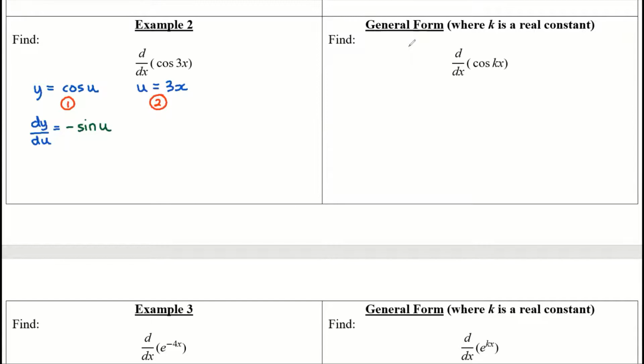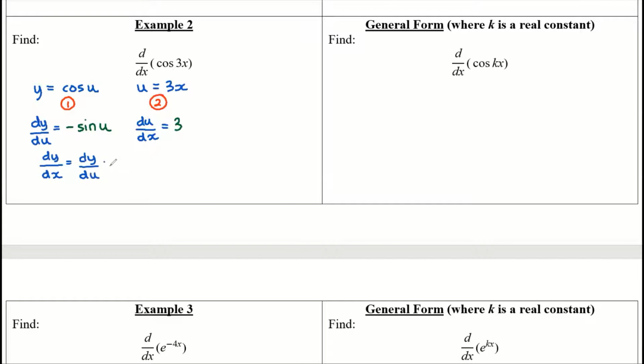That's a standard result now, something that you'll need to know. And then du by dx is just going to be the derivative of 3x, which is of course 3. And when we compose these together by multiplying the derivatives, we get dy by dx as dy by du.